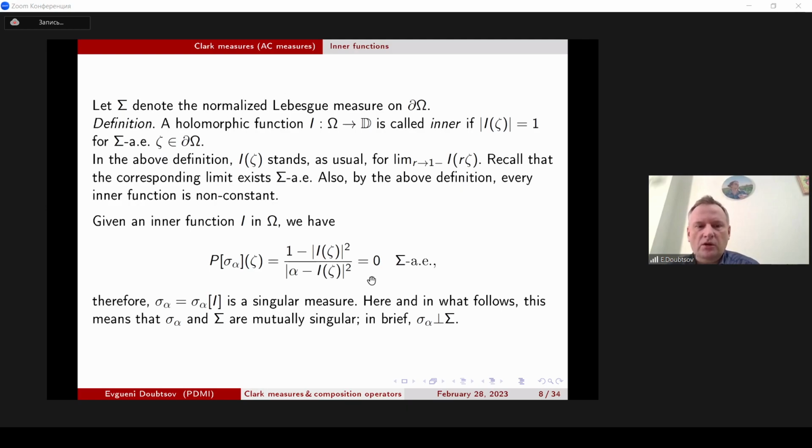So all these terms, singular and absolutely continuous, always refer to the Lebesgue measure. So this is kind of specific case because, well, all these sigma alpha are singular measures. This is not always the case, but this is kind of extreme case.